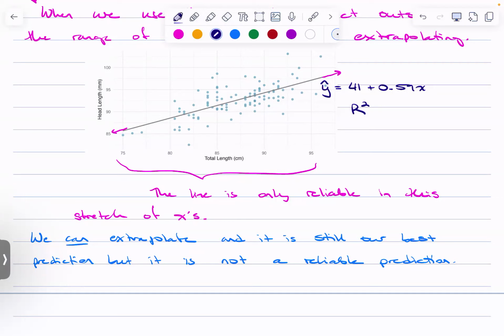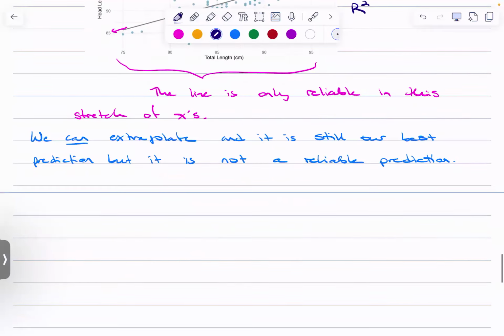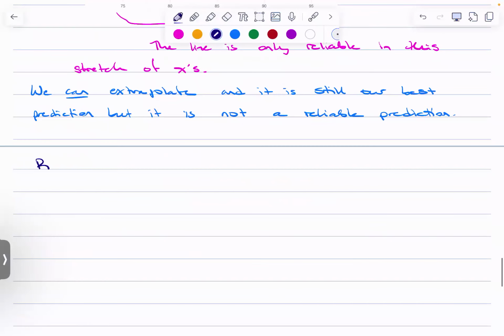Yeah, the r squared is kind of the most common way to determine how well a line fits the data. And so r squared, what's it called? The coefficient of determination. I just call it r squared.